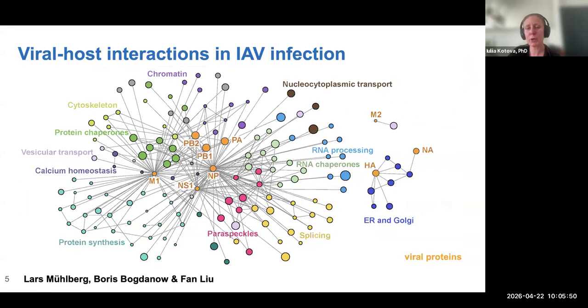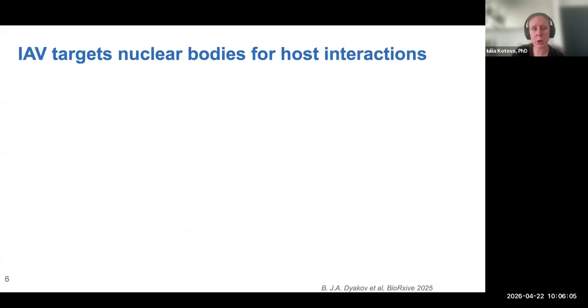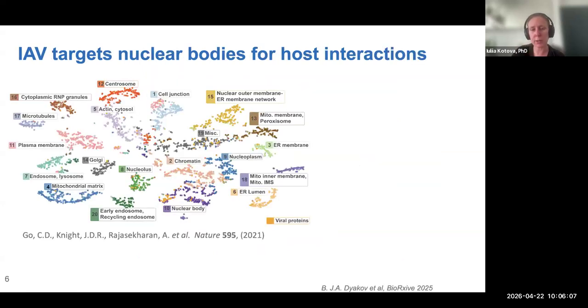And it did work. We have identified over 100 viral host protein interactions, but it's still very complex graph. So in order to understand where these interactions takes place, we map them in already published a map of the human organelles. And here in orange, you can see the host proteins that are interacting with the influenza proteins.